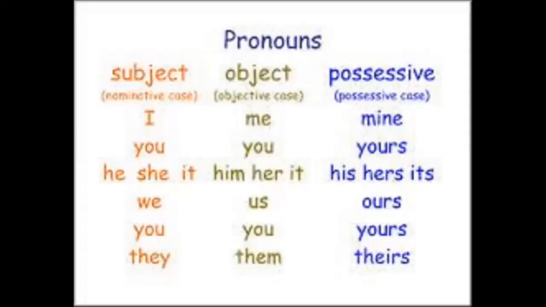So, it becomes objective case. And the pronoun is made possessive when it appears in possessive case as in the following sentence. This is my pen. Here, my is possessive case. Let's see these in the following chart.